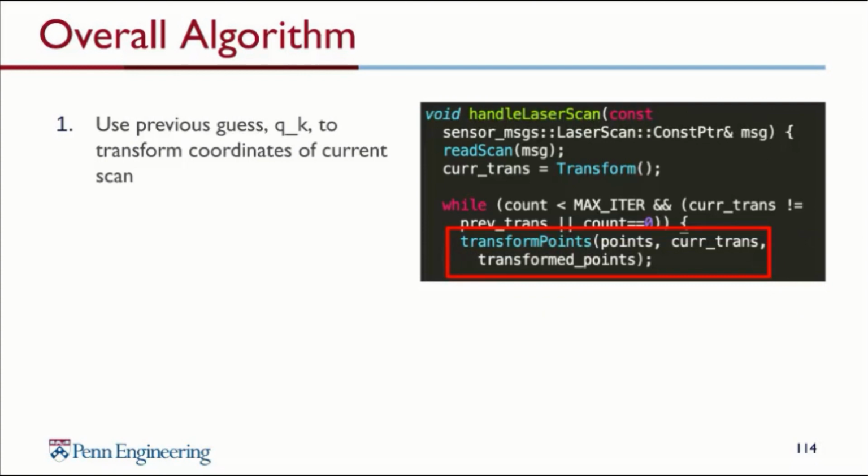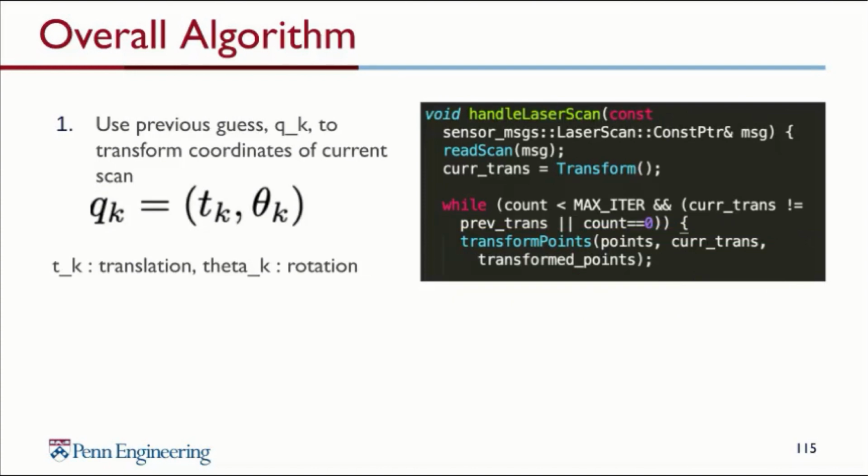The handle laser scan function uses the previous guess, q of k, to transform the coordinates of the current scan into the reference frame of the previous scan. This is indicated here in red in the code.